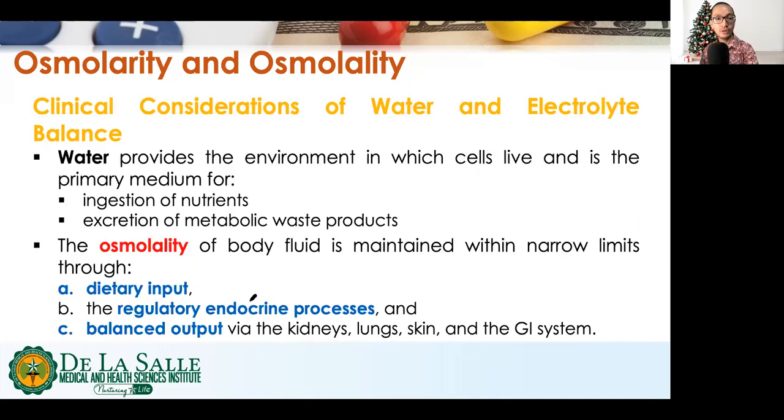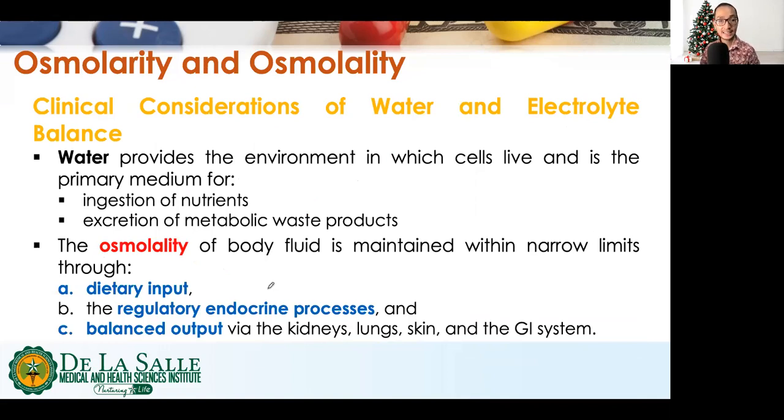Okay? Now, this is important, no? Our osmolarity is important because we know that water is the most common environment where cells live, and it is the primary medium for the ingestion of nutrients and for the excretion of metabolic waste products.